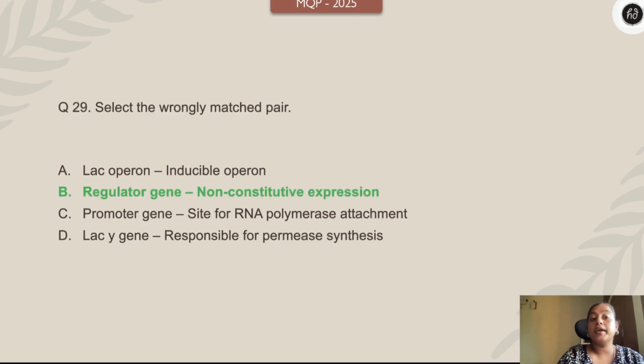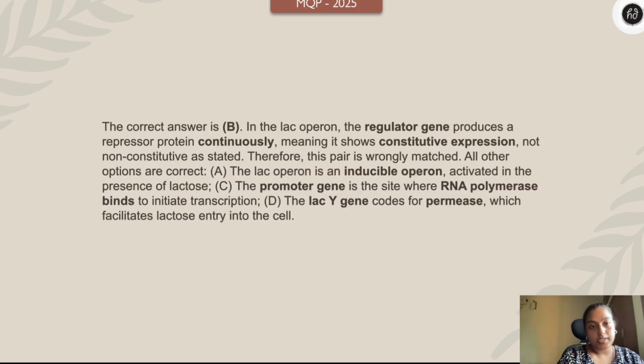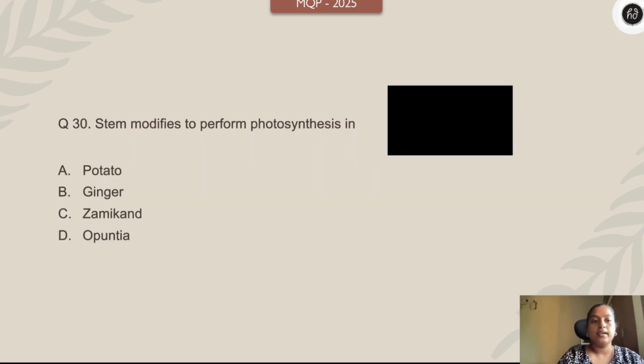Okay, the answer is regulator gene is non-constitutive, they are saying, but it actually shows constitutive expression, not non-constitutive, because it produces a repressor protein continuously. Therefore that is the wrong match. Whereas the lac operon is an inducible operon activated in the presence of lactose. The promoter is the site where RNA polymerase binds to initiate transcription, and the lac Y gene codes for permease, which facilitates the entry of lactose into the cell.